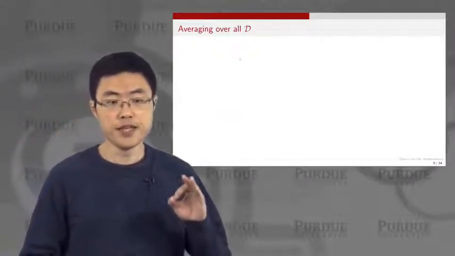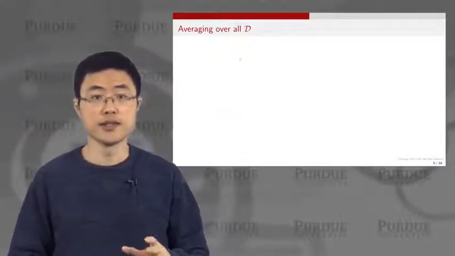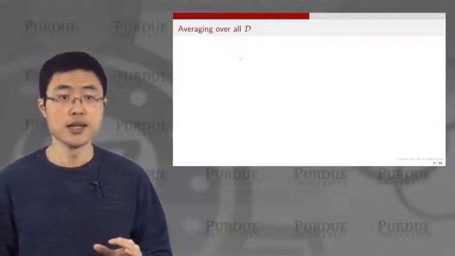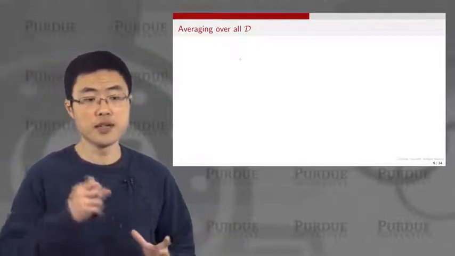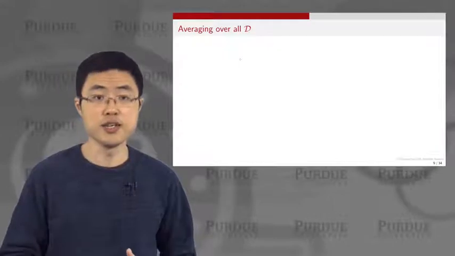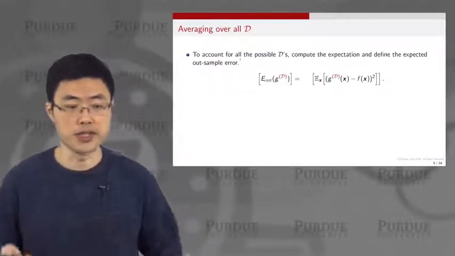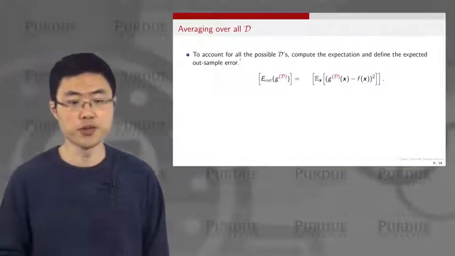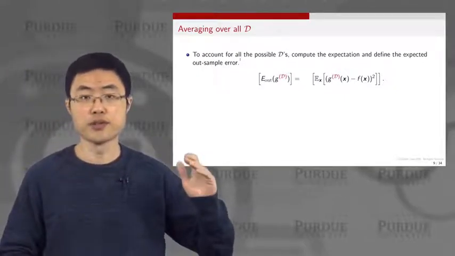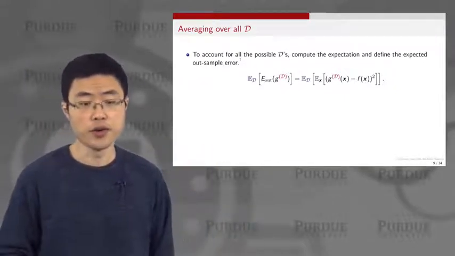So if D changes from one training set to another, then you want to eliminate all the possible randomness in your training set. That means you want to take an average over all the possible Ds. To account for all the possible Ds, let's take the expectation over all the Ds.